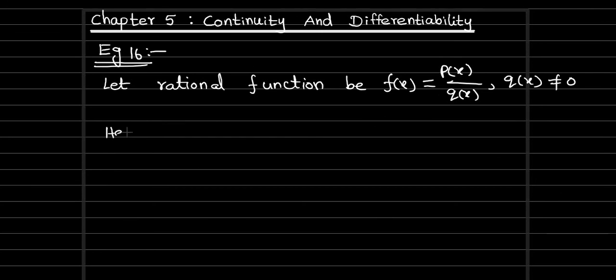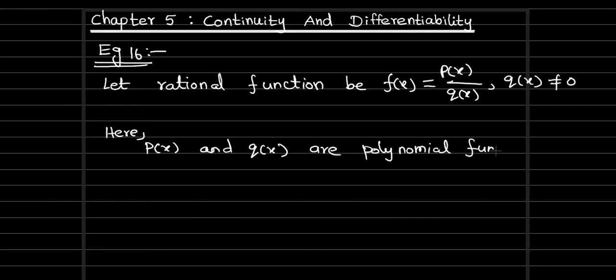So p of x and q of x are polynomial functions. In example 14 we have one fact, which I told before starting this sum: polynomial functions are continuous.